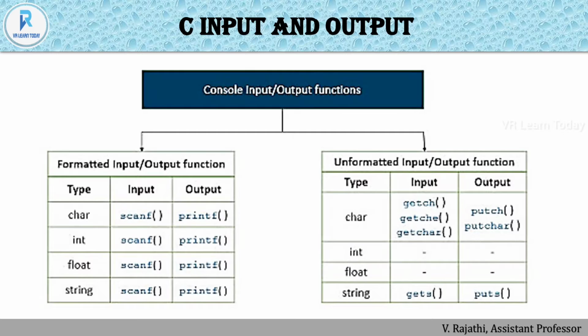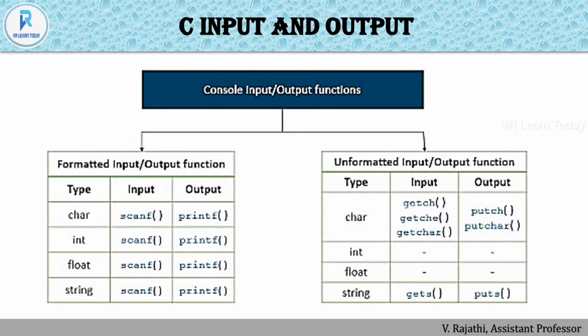This is a division of console input output functions: formatted input output functions and unformatted input output functions. Both are used for getting input and printing output. For character, integer, float, string, any data type, the formatted input output functions are scanf for input and printf for output.